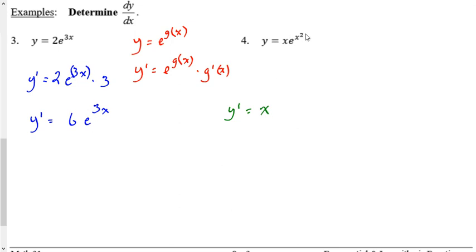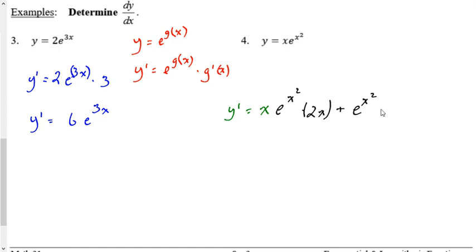Well, derivative of e to the something is e to the something, times the derivative of that something, which is a 2x. I'll put it in brackets here. Plus my second function, which is e to the x squared, times the derivative of the first function, derivative of x, is just 1.